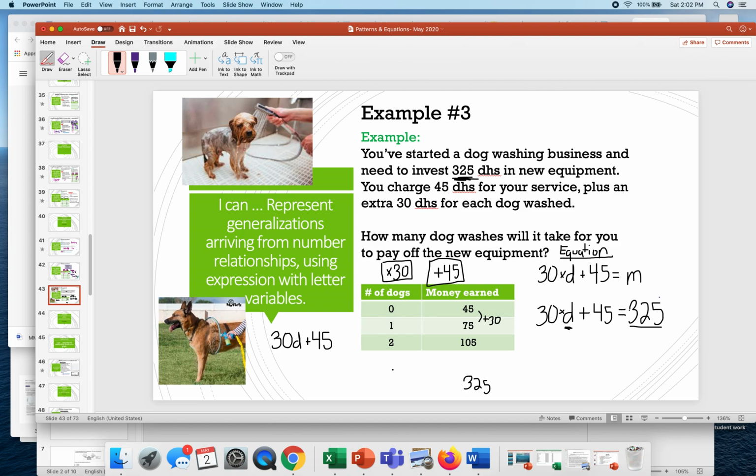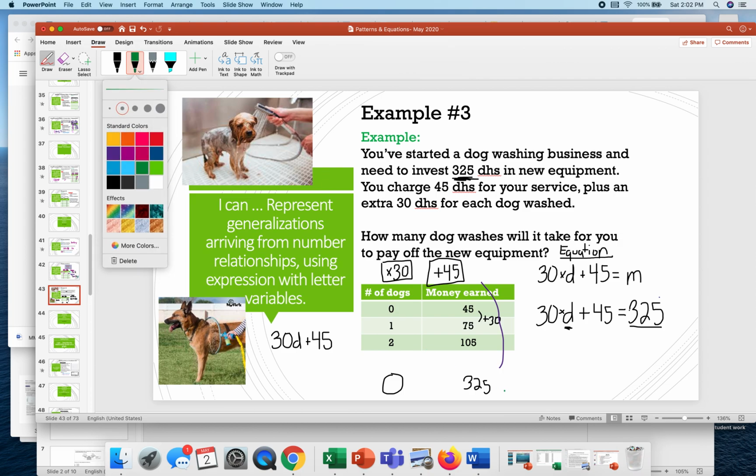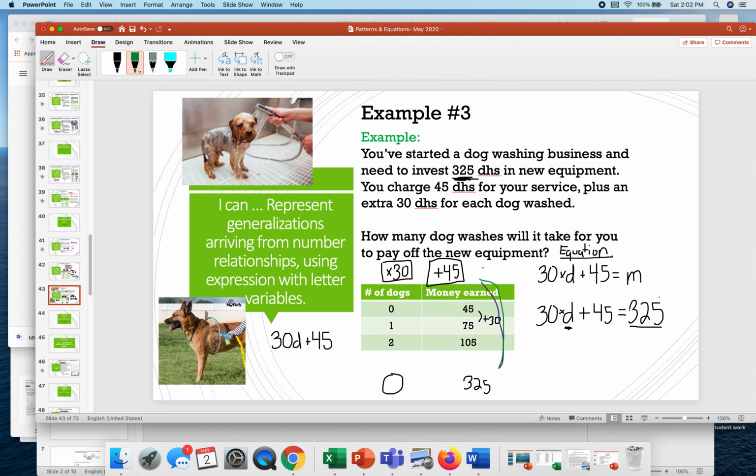So what do we do when we need to work backwards through the machine? Well, what we do is I like to use my green one for this, right? That's how I've been showing you guys. So I'm going to work backwards through my machine, like this. I need to do 325, and then I'm going to do minus 45, because I'm moving backwards through the machine.